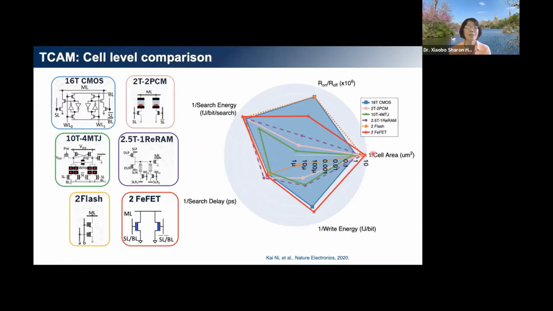As can be seen in this case, the FeFET, the red box, outperforms other devices in all of these metrics except the R on, R off compared to flash and the CMOS based. So in this sense, it's actually quite a good design choice. Now you might see that the improvement may not be that huge, but actually this is a log scale. So just keep that in mind.